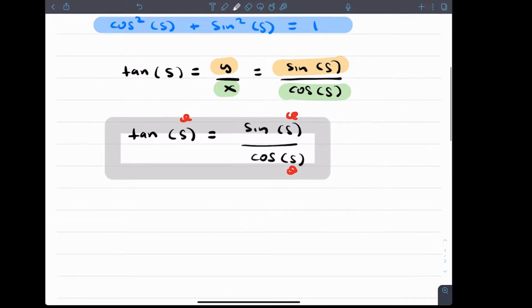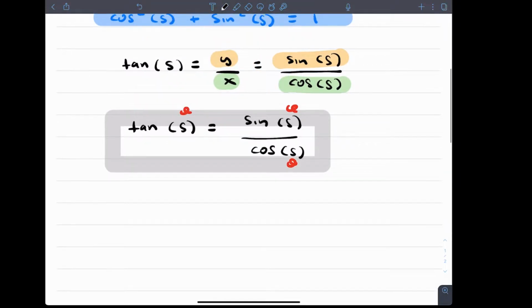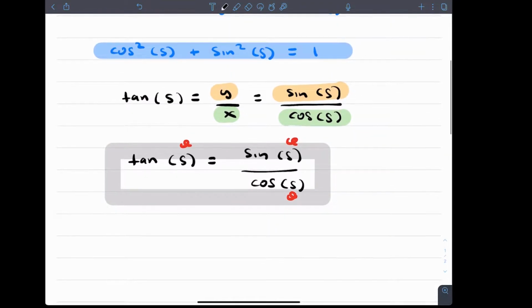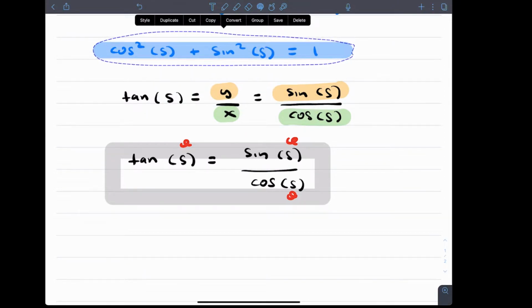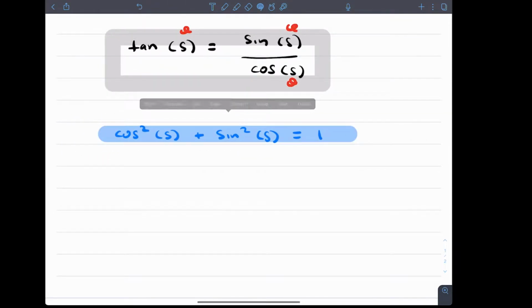Now, I'm going to do another thing here, ladies and gentlemen. From this first identity I'm showing you here, first Pythagorean identity, right? I'm going to copy this. And I'm going to use some algebra. You say, what do you mean use algebra?